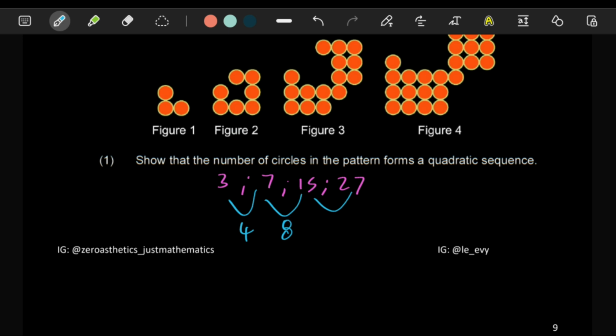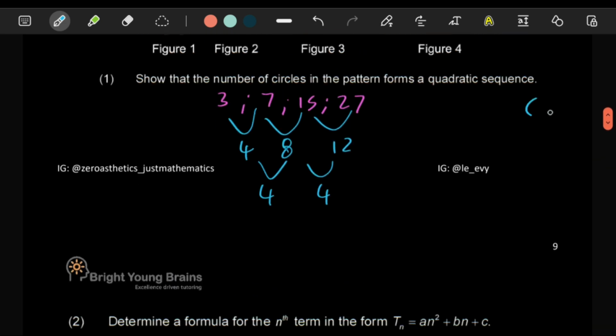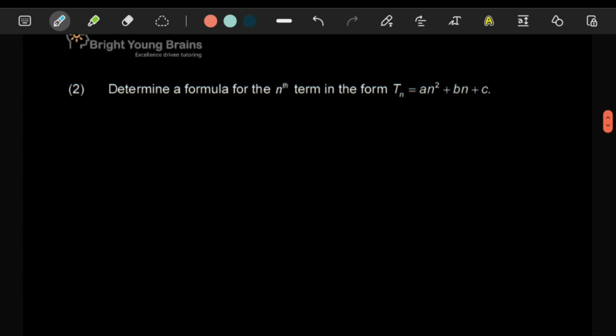The easiest way is to see that 8 minus 4 is 4, so the next difference also needs to be 4, so 8 plus 4 is 12. Yes, because 27 minus 15 is 12. This is how you have shown that it is a quadratic number pattern. This is probably a 1 or 2 mark question. So let us move on to the next one.